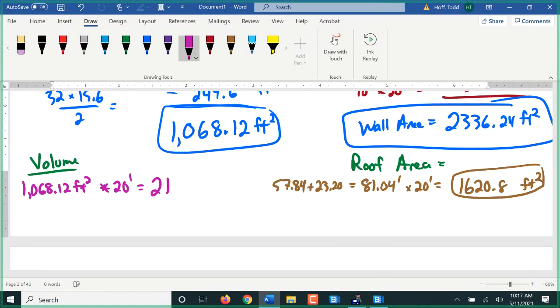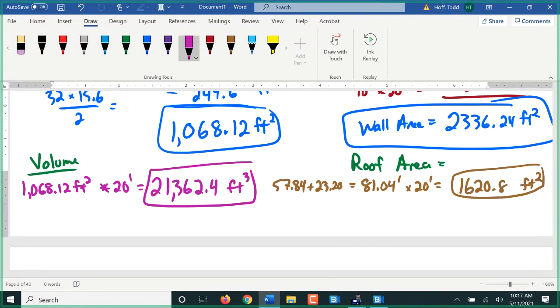That gives us 2,136.24 cubic feet. Oops, sorry. 21,361.62.4. Put my decimal in the wrong spot.